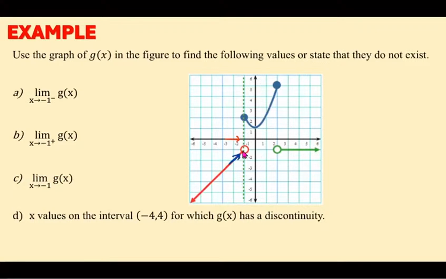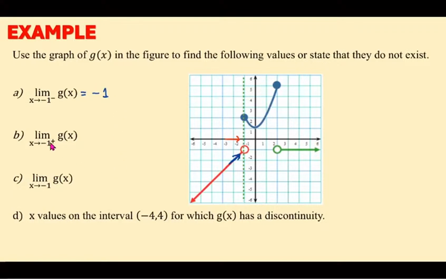So as x approaches -1, the function approaches closer and closer to that hole, and the corresponding value for that is -1. So this is equal to -1. So we can say that the left-hand limit is -1.